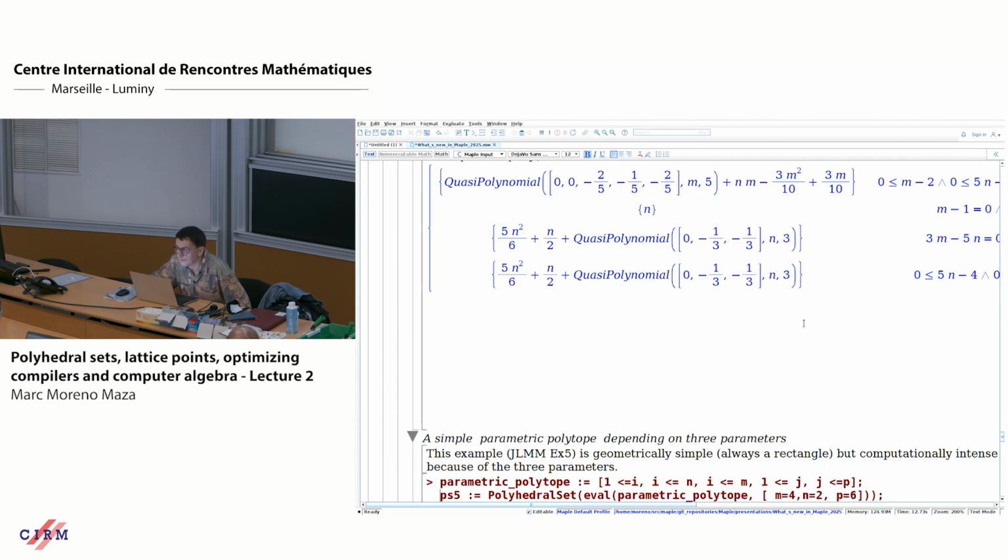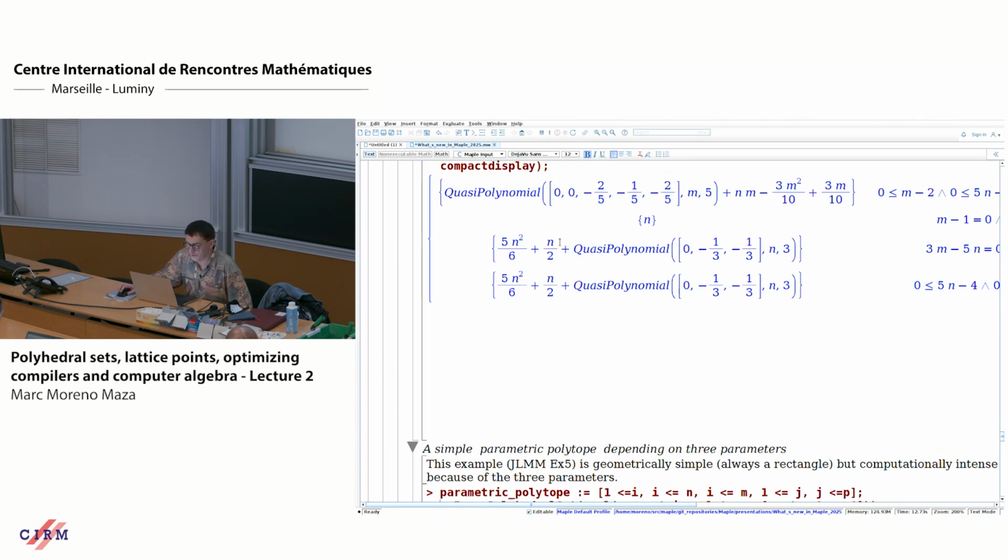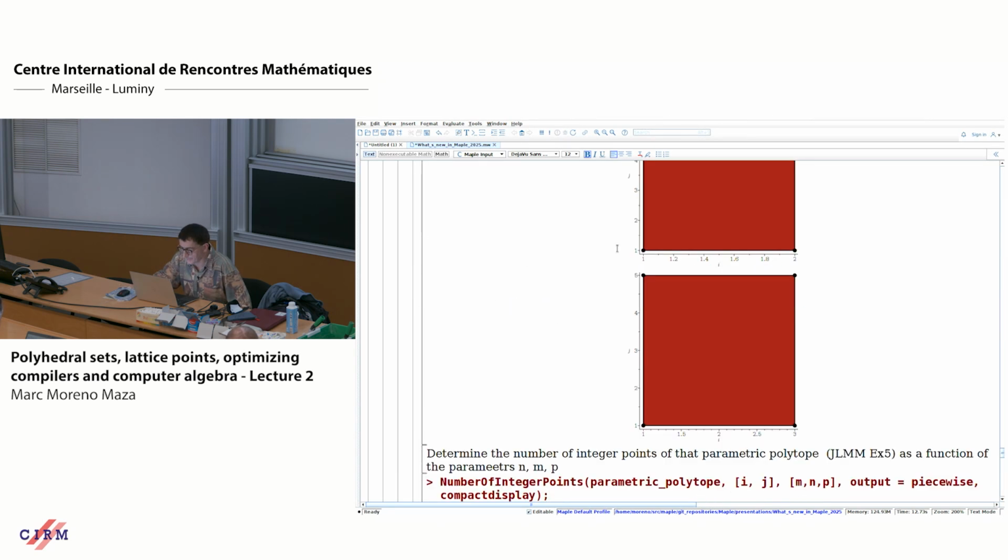Here we have three cases, so three formulas with quasi-polynomials. This one is simple: the geometry does not change, so no quasi-polynomials. We got three parameters, two variables.